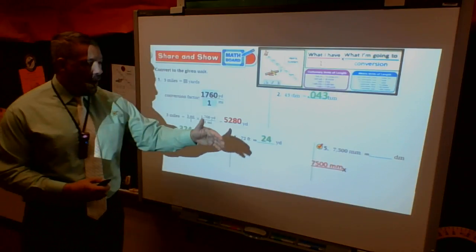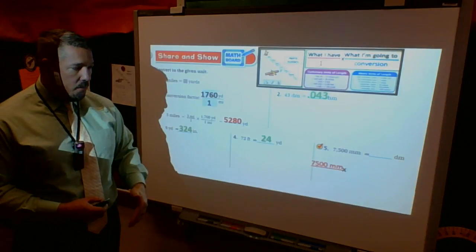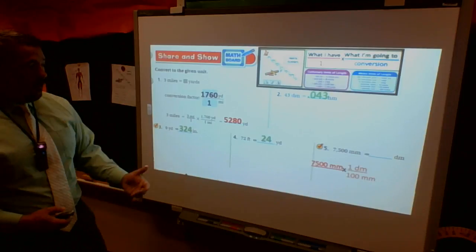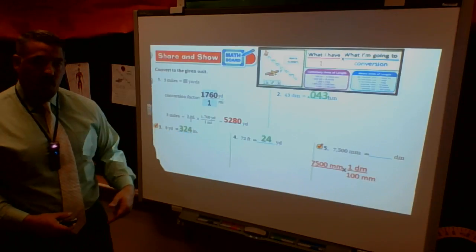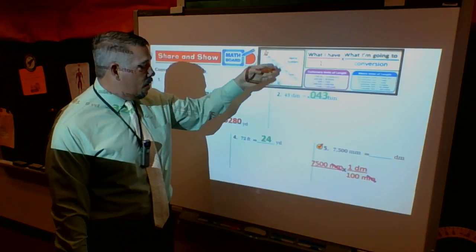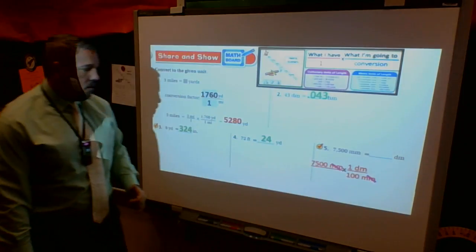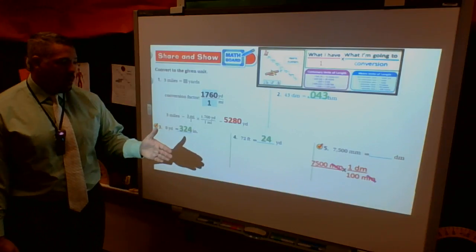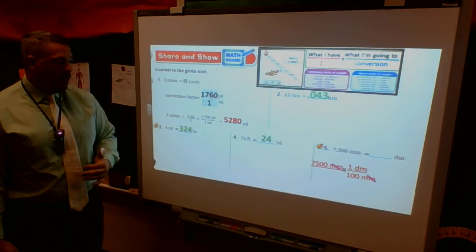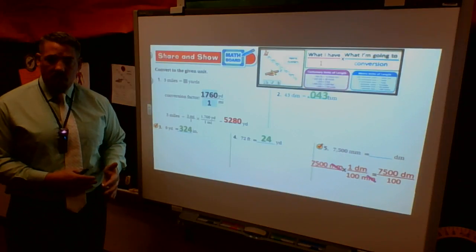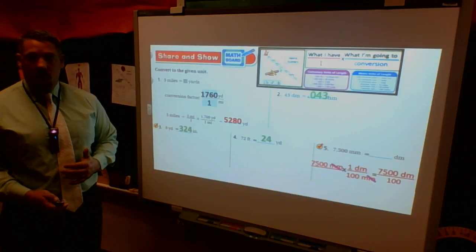So when I start with what I have, which is 7,500 millimeters, and I go to what I'm going to change it into, which is 1 decimeter, then I know I'm going up 2 steps. The 2 steps tell me that I'm going to divide by 100. I cross-reduce my labels, so all I'm left with is my decimeter as my label. And I have 7,500 divided by 100.